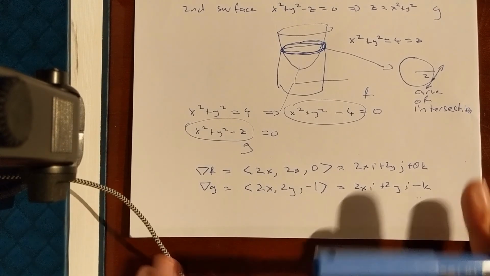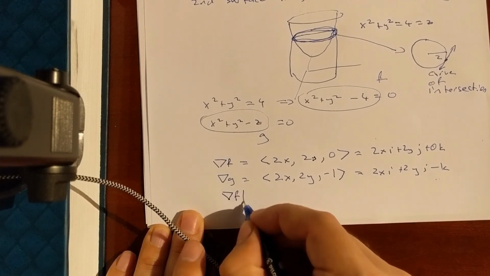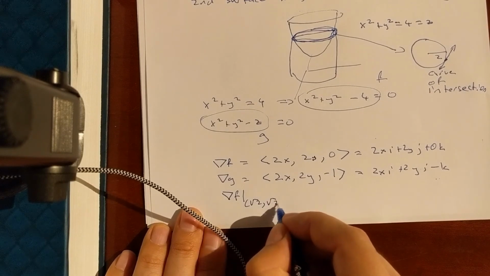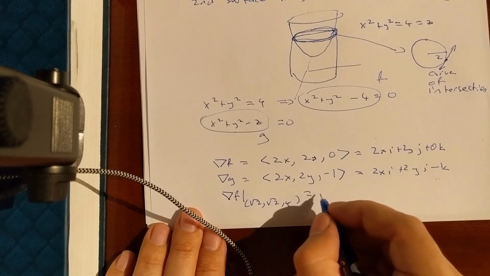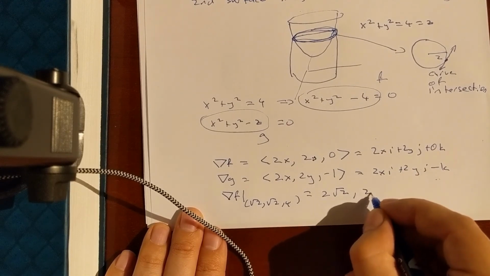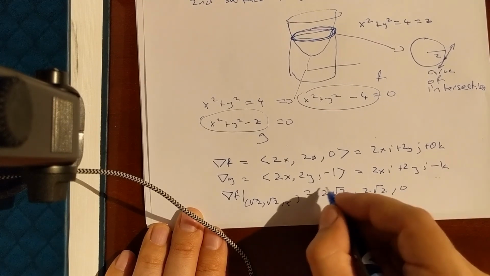So I need to evaluate these guys at this point. Gradient of f evaluated, our point was square root 2, square root 2, 4. Let's evaluate it. What do we get? We get 2 square root 2, 2 square root 2, and basically nothing, 0.